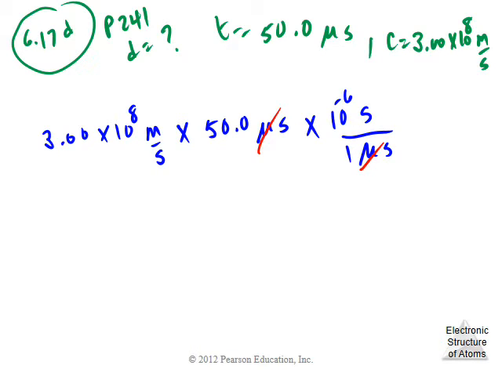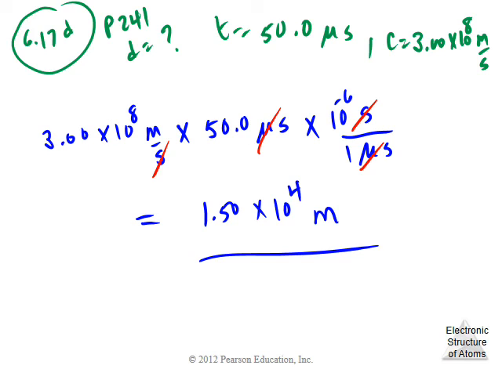Microsecond cancels out. Second per second cancels out. Now you have meter, and that's the distance unit, and that should be right. So I'm going to write down that value. That's equal to 1.50 times 10 to the power 4 meter. So this is the answer to this question.